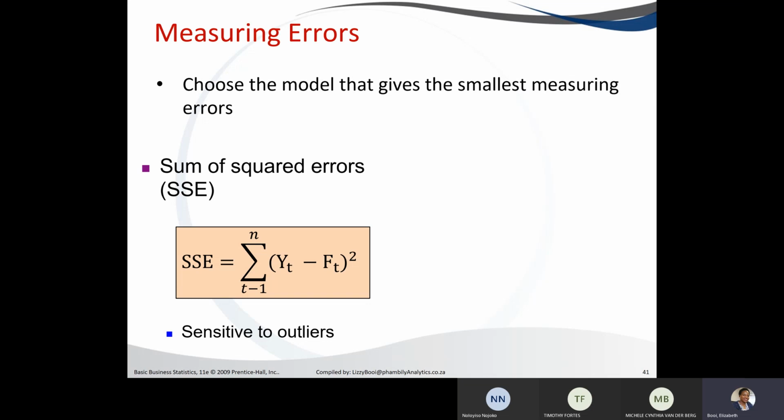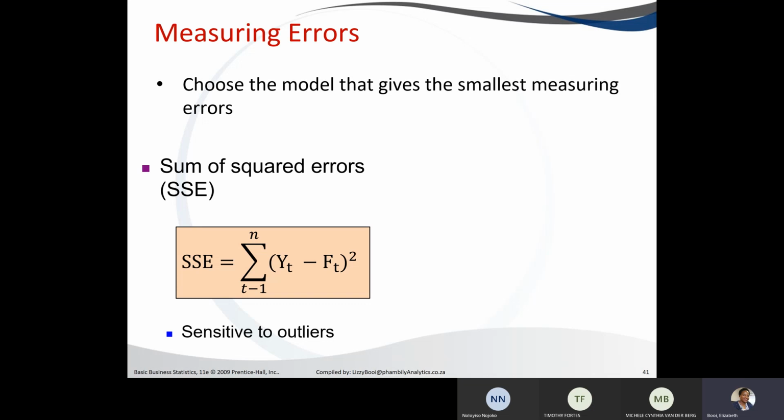Once you have your actual value and you have calculated your estimated values, you can subtract one from the other and square the answer in order to find the difference in those errors. The model with the smallest sum square errors will be the best model. And this measure is also sensitive to outliers.